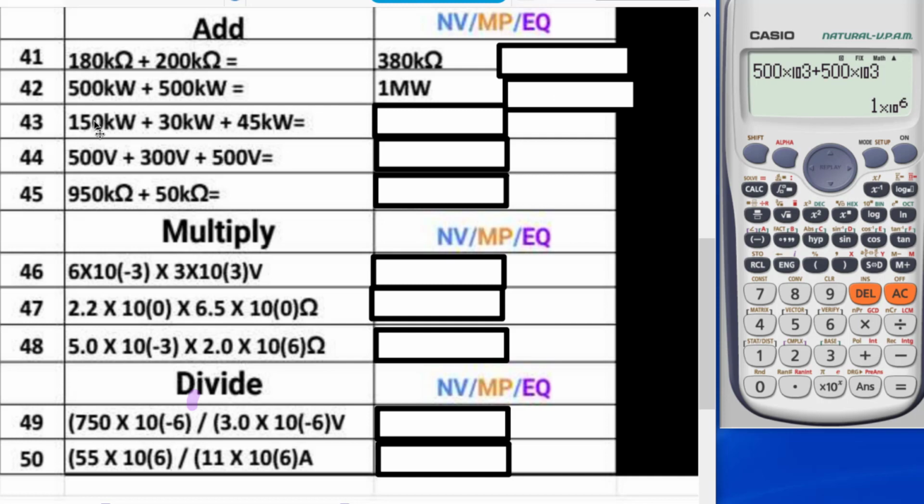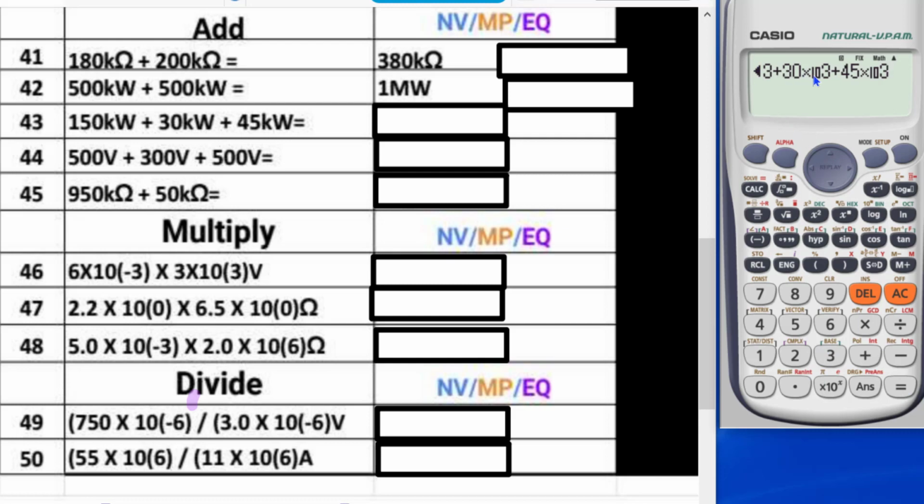All right, my next one here, I want to go ahead and add these, so I've got 150 times 10 to the third plus 30 times 10 to the third plus 45 times 10 to the third.